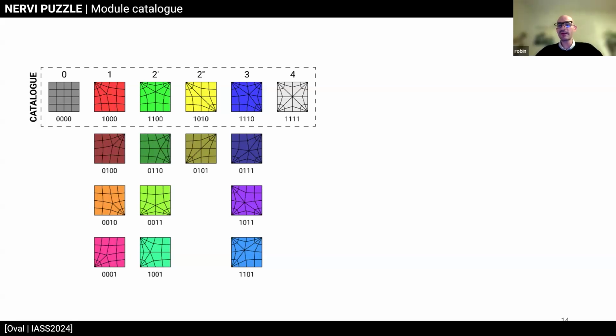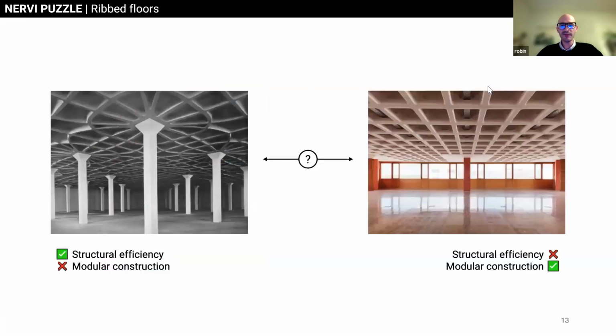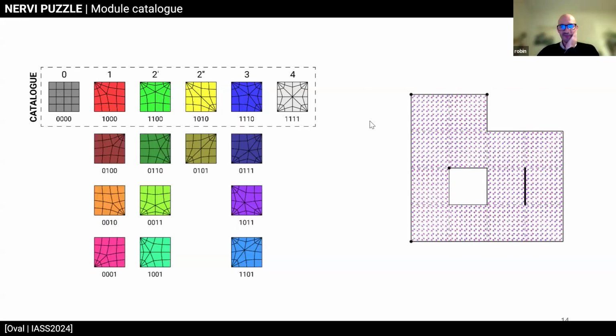And can we combine them a bit like a puzzle or a Tetris puzzle and apply them to different designs with different boundary conditions? It's quite easy when your floor, your boundary conditions, look like this, which are quite regular. But what if we have something like this, on the right?